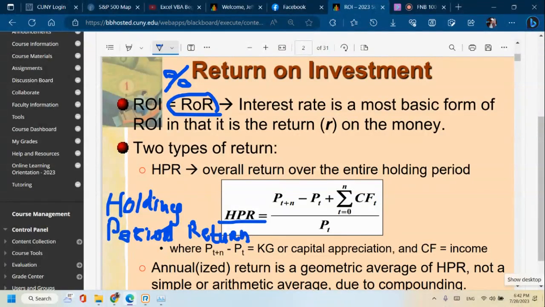But earlier this year, there was what they call a yield curve inversion, which means the return on the long-term bond was lower than the return on the short-term bond, which is normally the other way around.